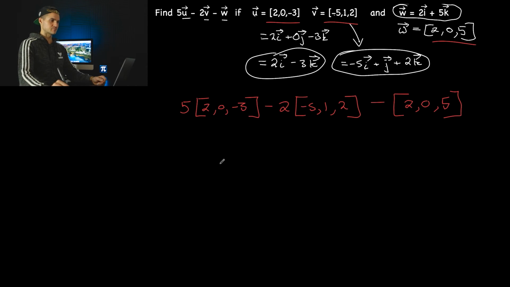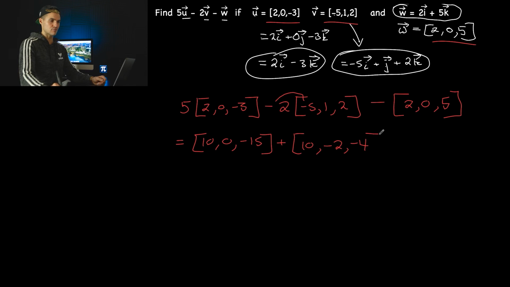So this would end up being 10, 0, negative 15, and then plus, because after we distribute this negative 2 there's a plus left over, 10, negative 2, negative 4. If we multiply the negative 2 by all of the components, same thing here, we're going to end up with a plus after we distribute the negative in: negative 2, 0, negative 5.